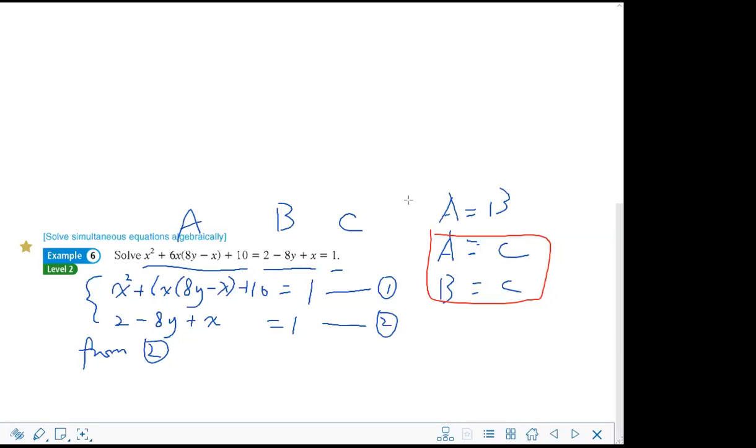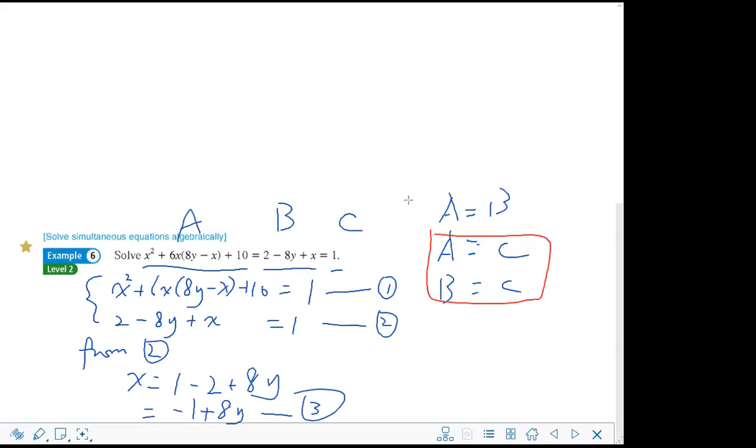And so we change the subject to be x here. So x will be equals to 1 minus 2 plus 8y. So that should be negative 1 plus 8y. And then call this equation 3.